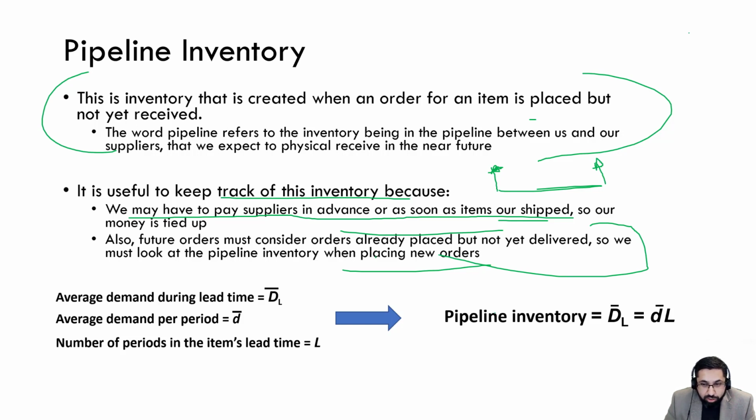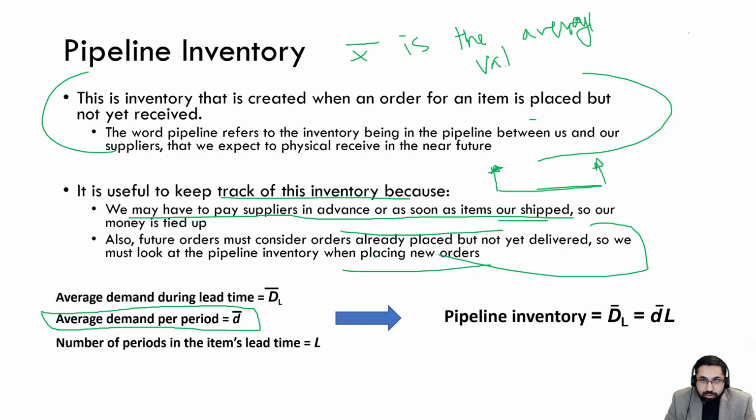Usually, the pipeline inventory is just driven by your average demand level. Let's say your average demand per time period is D bar. The bar on top of certain variables comes from statistics notation. In statistics, X bar is the average value of X, where X is some variable.